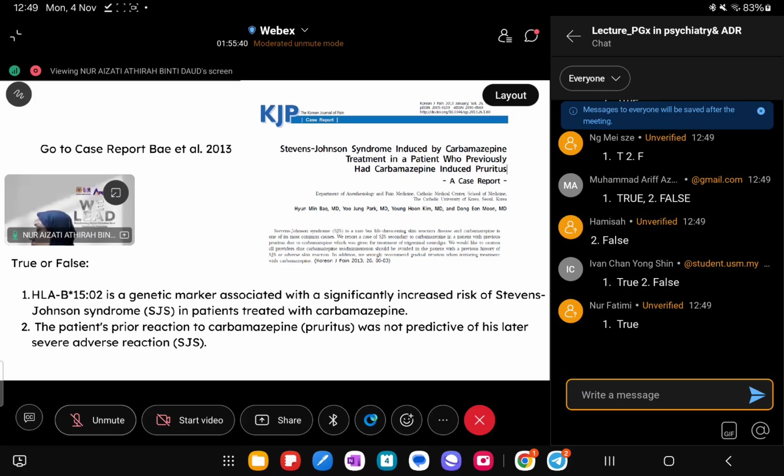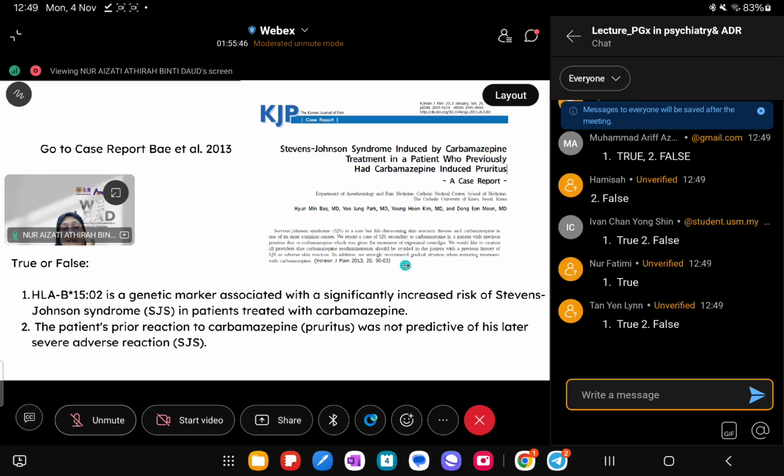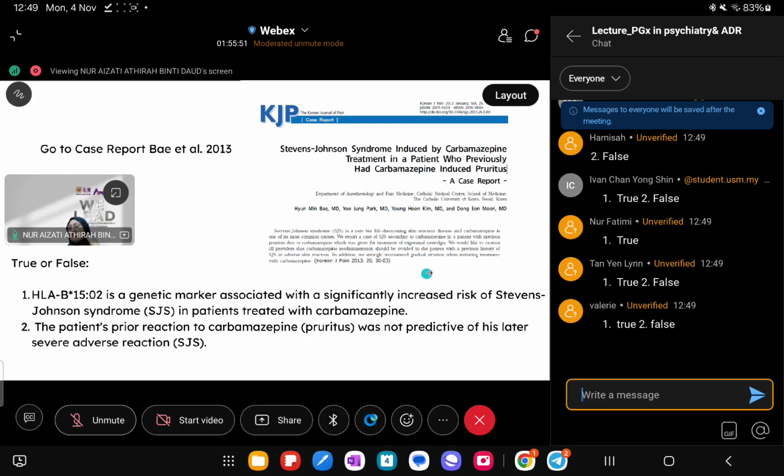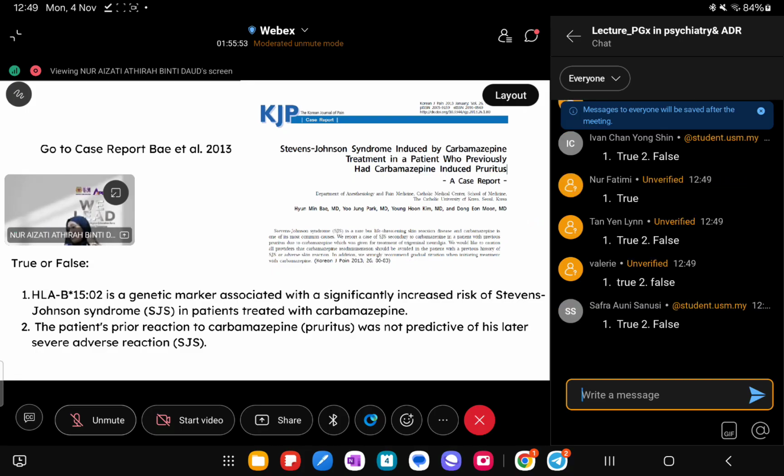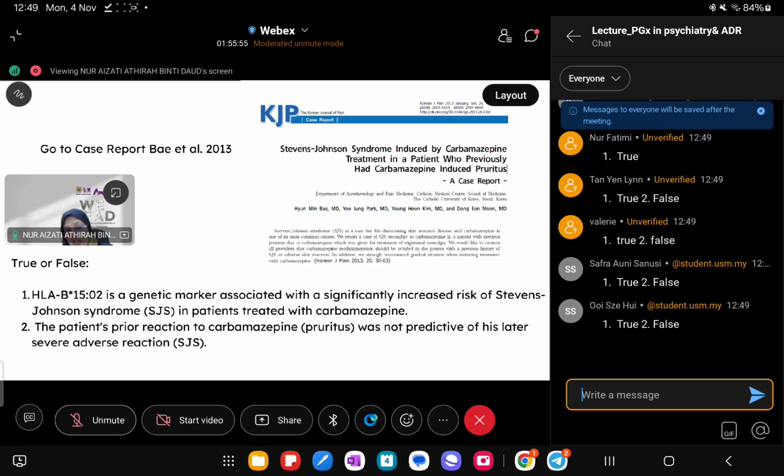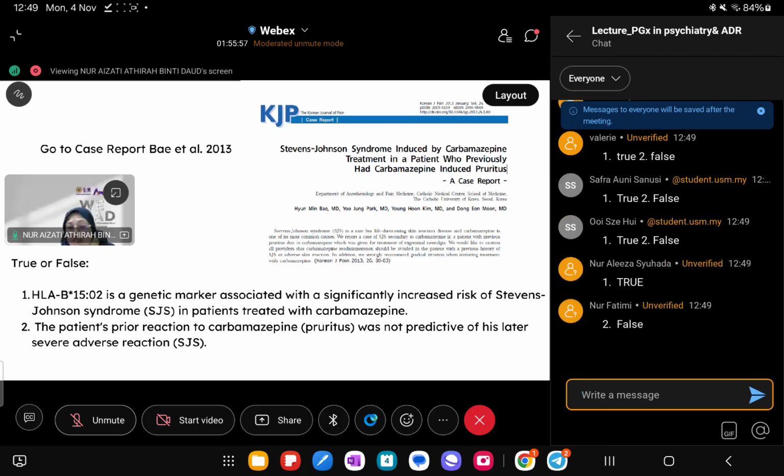Okay. Number 1 is HLA-B 1502 is a genetic marker associated with significantly increased risk of Stevens-Johnson syndrome in patients treated with carbamazepine. Okay, so number 1 is true, especially for Asian population. Okay, 1502.